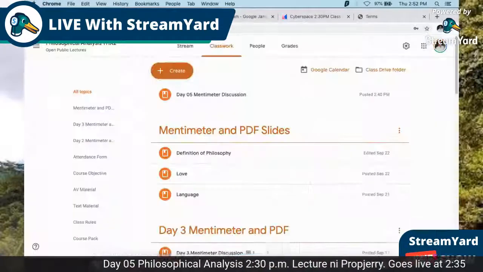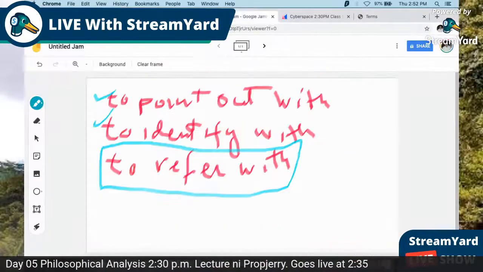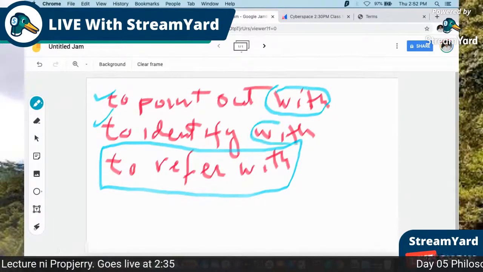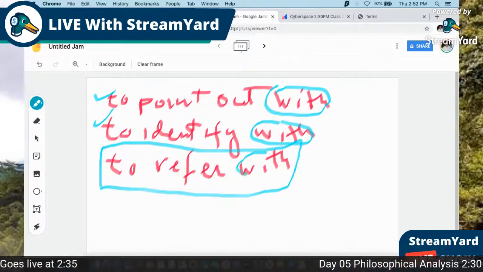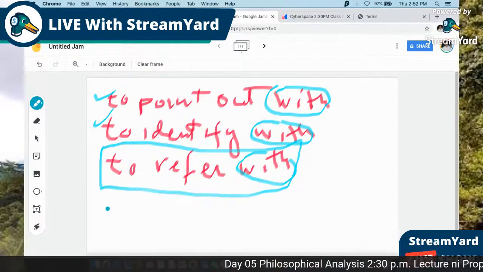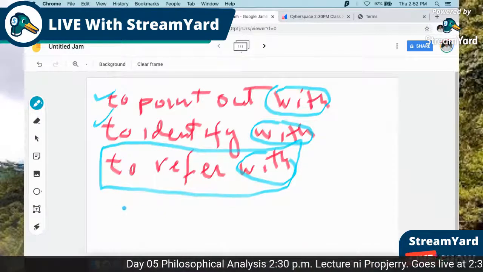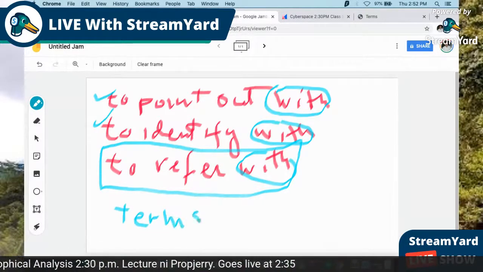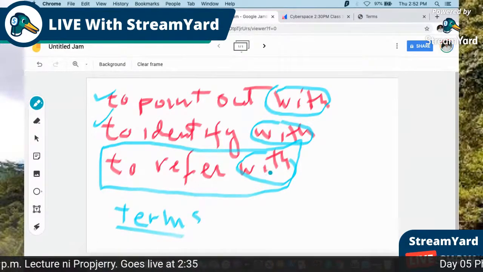Table for me, table for you. All right, let's get back to our screen. What do we refer with? What do we identify with? What do we point out with? We use our terms. The terms are what we use to refer with.